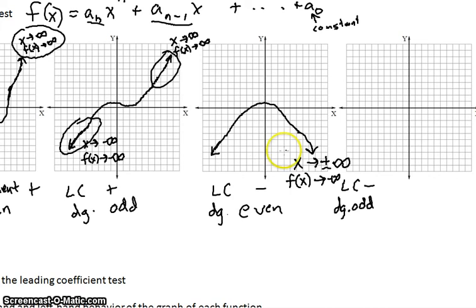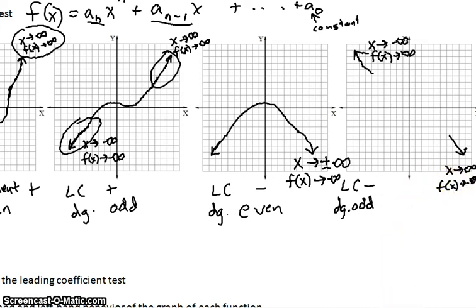Okay? Now, if the leading coefficient is negative and the degree is odd, it's the mirror image of this. So it starts in a positive direction, and it's got to finish at some point in a negative direction. So as x goes to negative infinity, the function is going towards positive infinity. And as x goes to infinity, f of x goes to negative infinity.